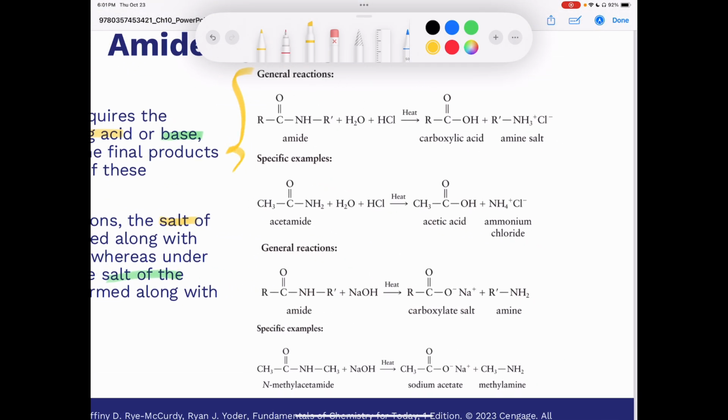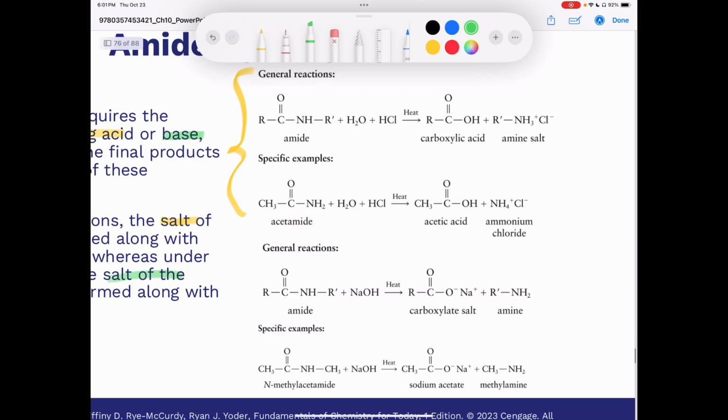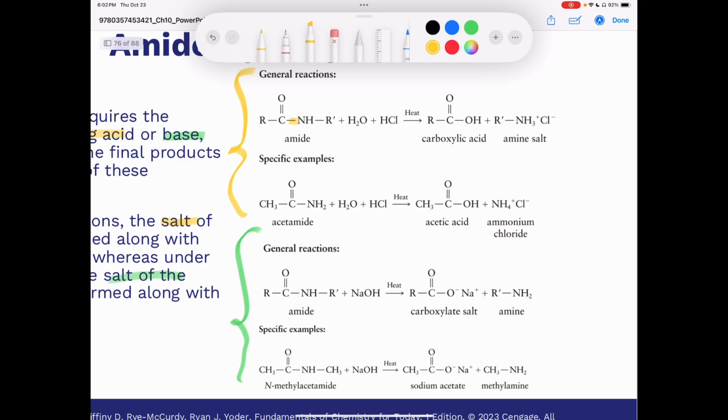First, we're going to start with acid hydrolysis. Then we're going to take a look at base hydrolysis. So the general reaction for acid hydrolysis is going to cleave the linkage between the carboxylic acid portion and the amine portion. And our carboxylic acid is going to end up as a carboxylic acid, but the amine portion, this portion here, is going to end up as a salt.